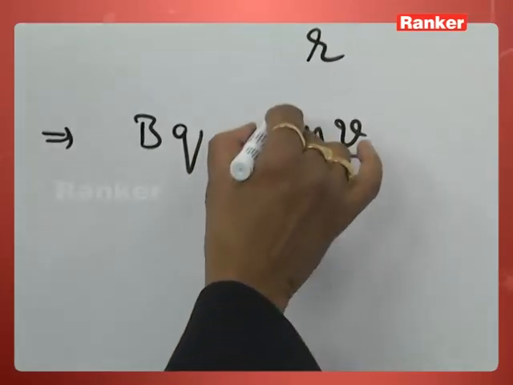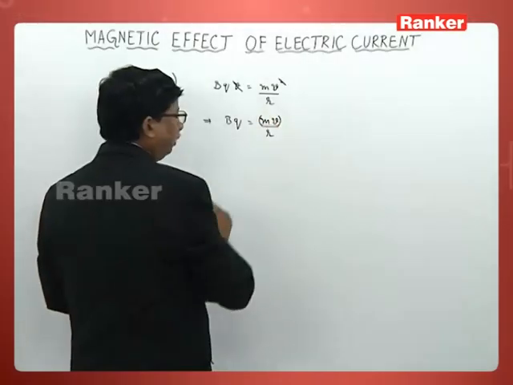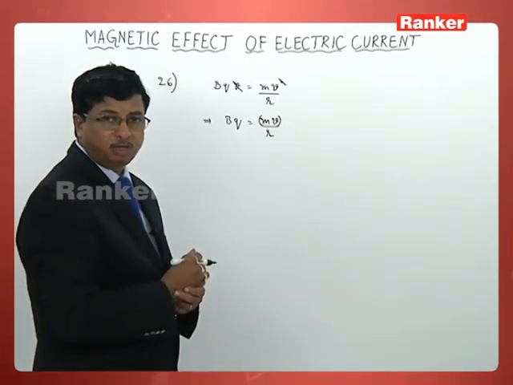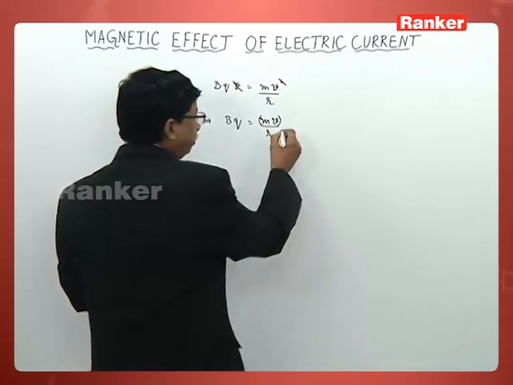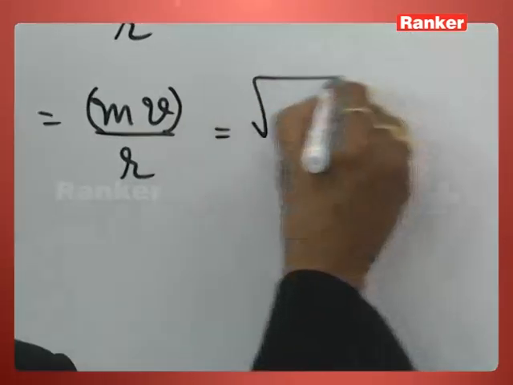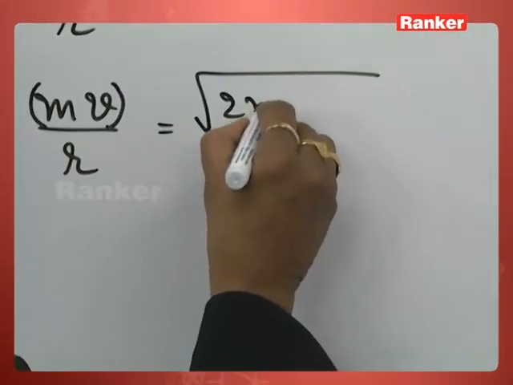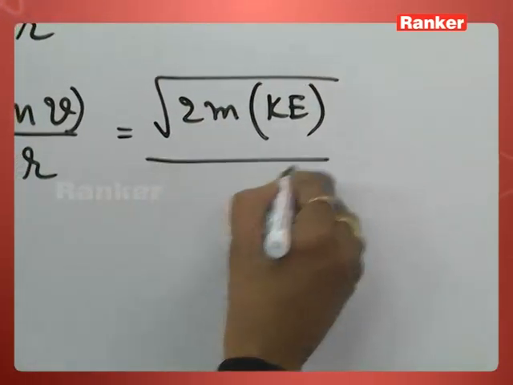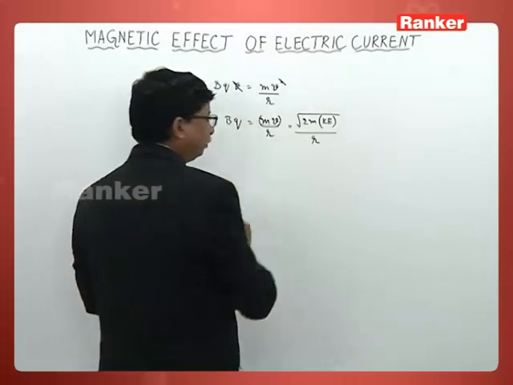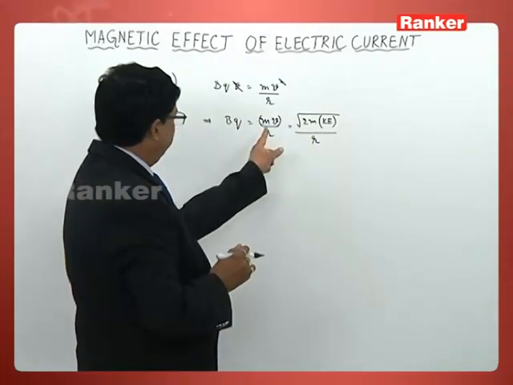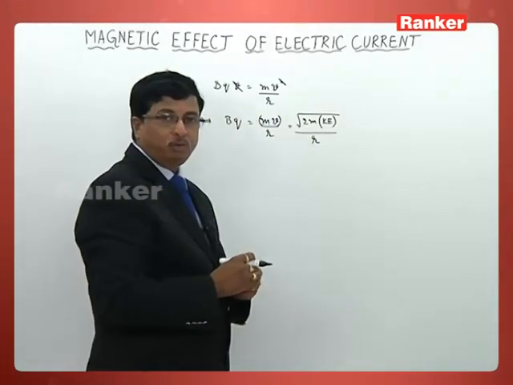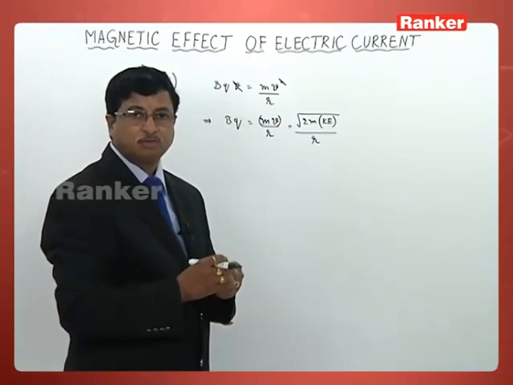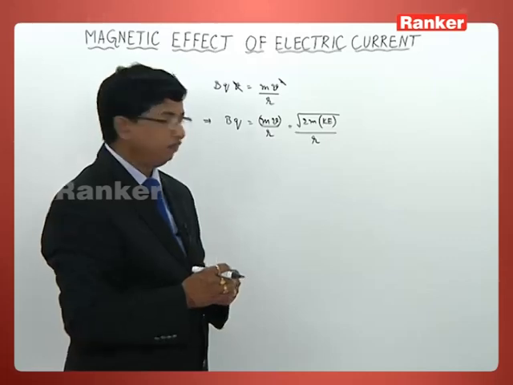All of you can understand straight away, mass into velocity is linear momentum, represented by P. That can be rewritten as under root 2m into kinetic energy, divided by this radius. Linear momentum is equal to square root of twice the mass of the particle into its kinetic energy. The relation, of course, is known to us all.